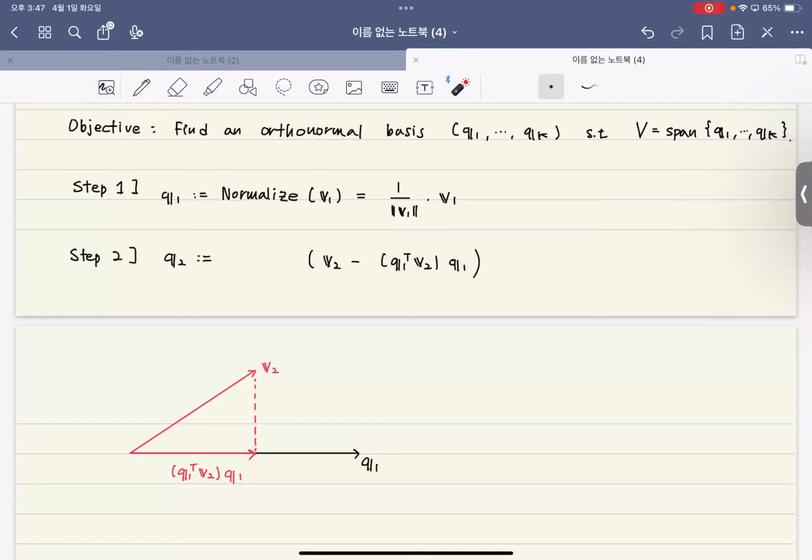Then V2 minus this projection gives a vector parallel to this one, starting from this point and ending at this point. So this is V2 minus Q1 transpose V2 times Q1.